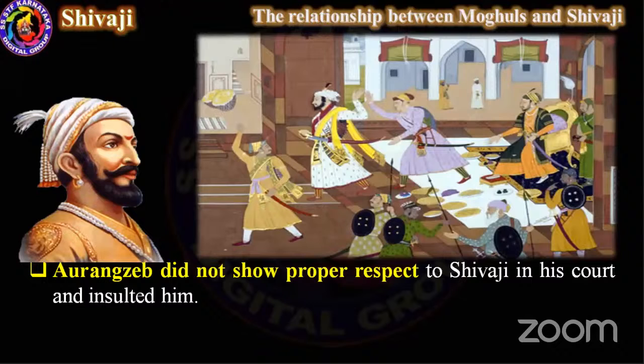Aurangzeb did not show proper respect to Shivaji in his court and insulted him. According to the request of Jaisingh, Shivaji went to the court of Aurangzeb, but in that palace, he was insulted by Aurangzeb and his officials.